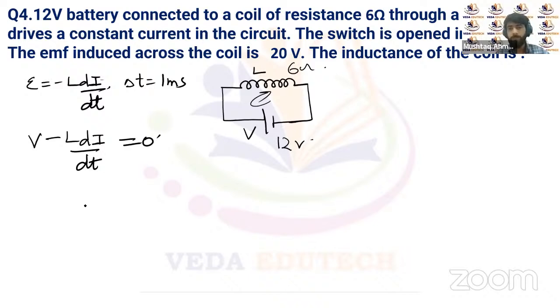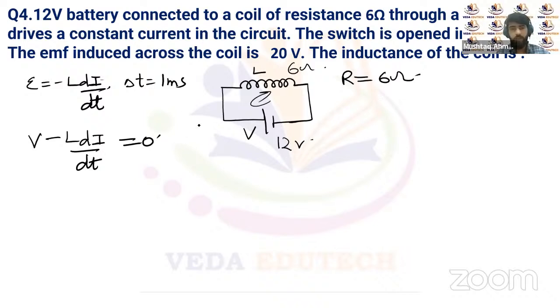For this circuit, we have to find the inductance of this coil. The resistance is given here as 6 ohm, that's the resistance of this coil.